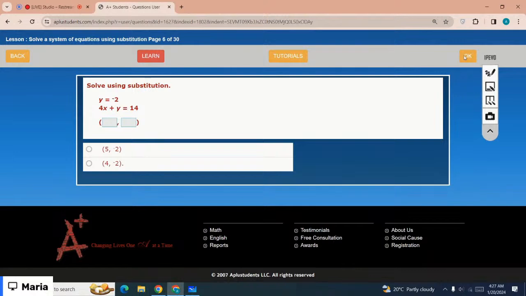Solve using substitution. y equals negative 2 and 4x plus y equals 14.